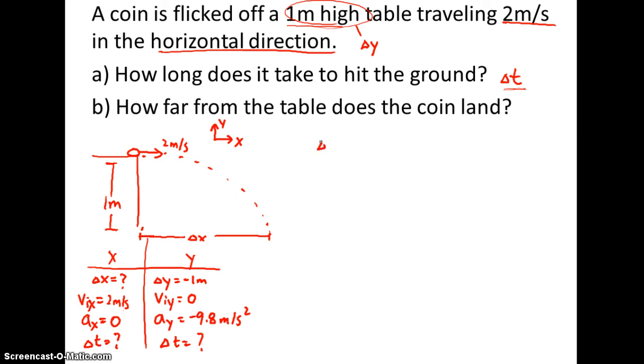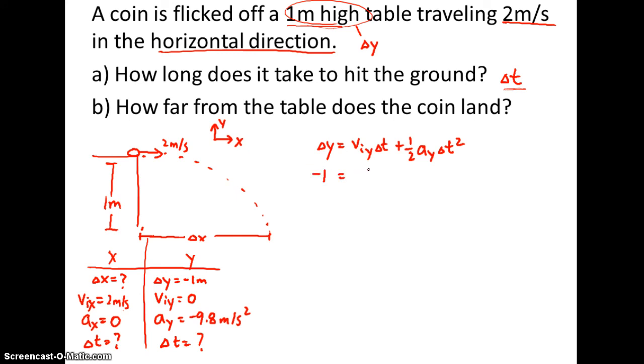So we've got to pick a kinematic equation that involves all 4 of these. If you look at your equations, this is the one that'll work. 1, 2, 3, 4. Now we plug in our numbers and solve.